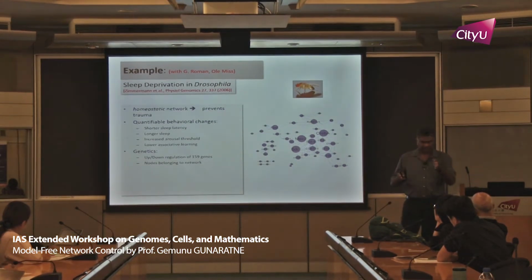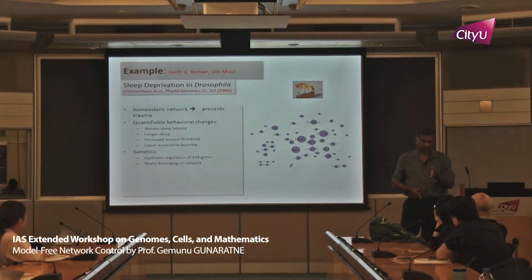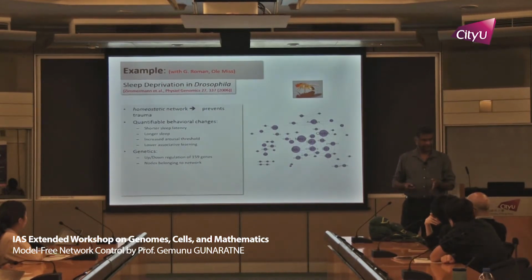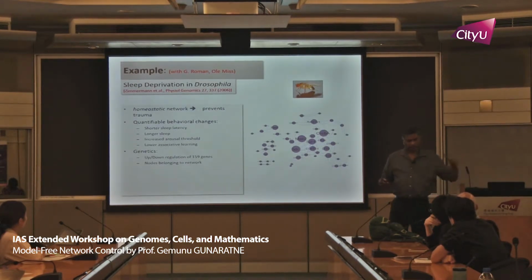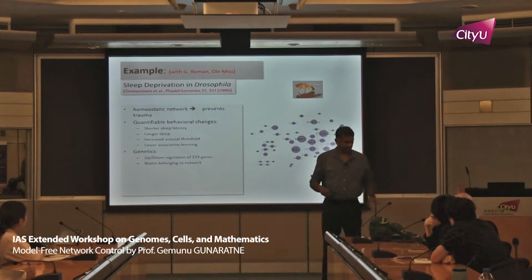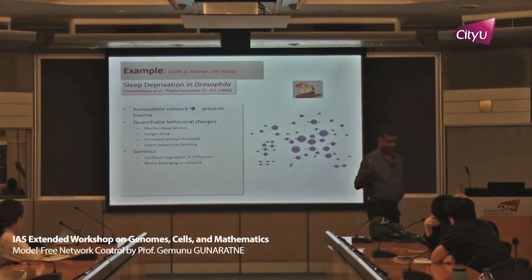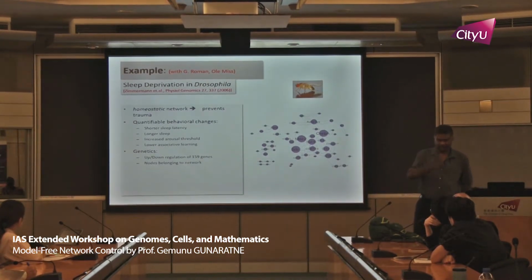Then they sleep deprive them for 2 hours, get their head cells, sequence them, and once again get the levels of the genes. Do it for 4 hours and 6 hours. You don't want to sleep deprive them for more than 8 hours because they die. So it's 0, 2, 4, and 6.